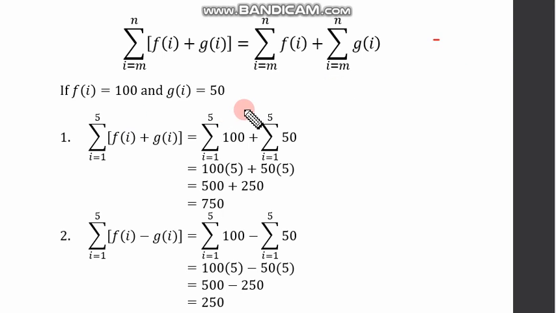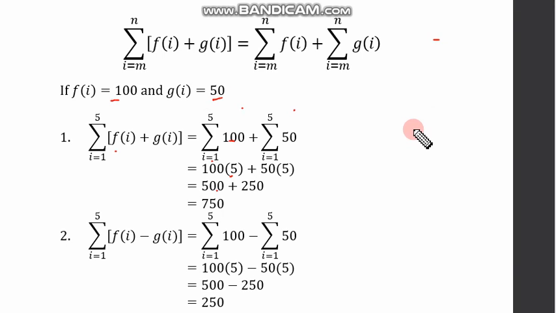Now, applying the previous properties of sigma notation, the summation of f of i, which is equal to 100, is a constant, and i starts at 1, so we multiply the constant times the upper bound. So 100 times 5, that's 500. For g of i, that's 50, so the summation of 50 from i equals 1 to 5.